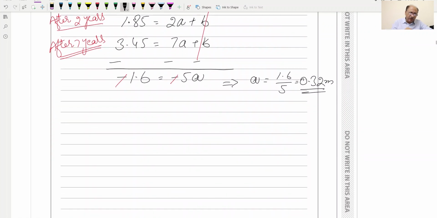Now for b value we will be replacing this value in any of these two equations. I am replacing in the first.